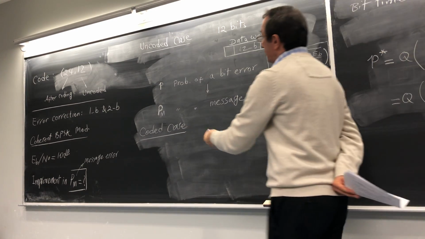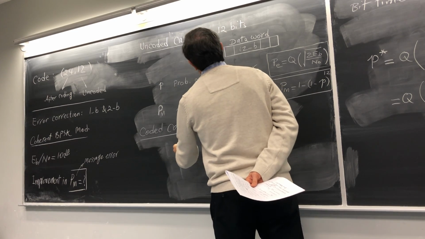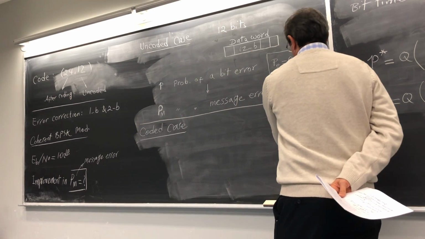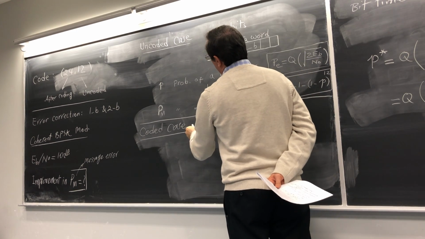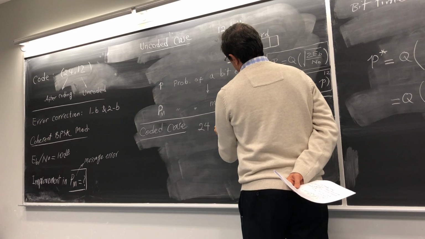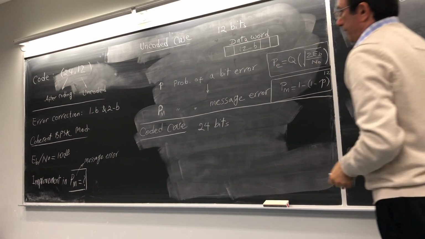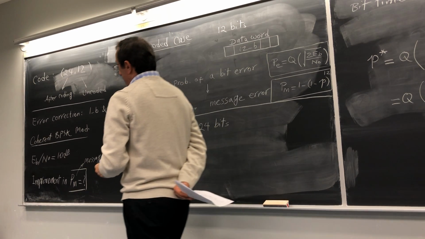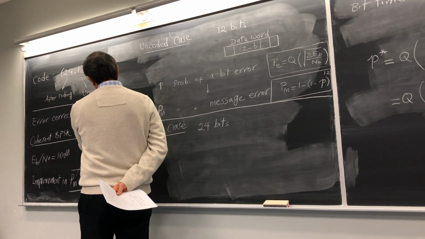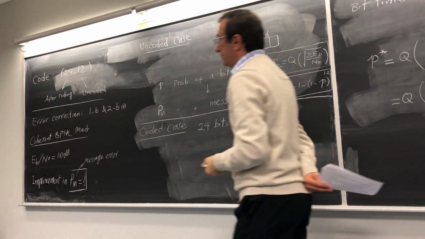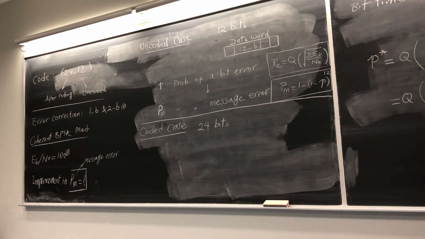Now, the coded situation: as a result of coding, we now have 24 bits. And as a result of the coding we're using, we are now capable of detecting and correcting 1 bit and 2 bits of error.